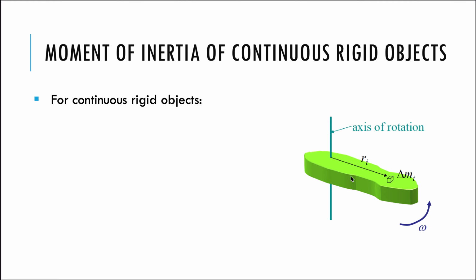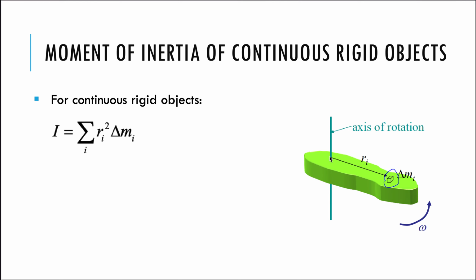If we have a continuous object, then what we do is we break it up into a whole bunch of little chunks, and each of these little chunks has a mass delta mi. And then we know that the moment of inertia is going to be the sum of the product of r squared times the mass, right?